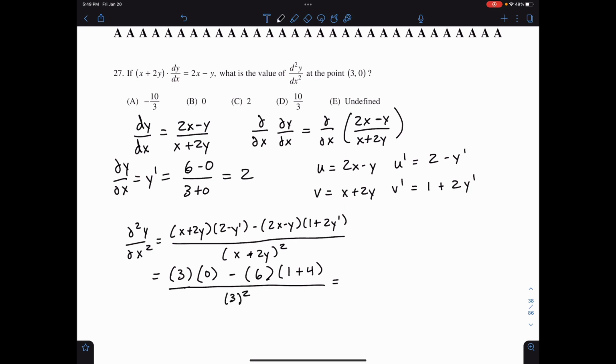So this comes out to be negative 6 times 1 plus 4, which is 5, so negative 30, all over 3 squared, which is 9. And I can reduce this by 3 in the top and bottom, so I got negative 10 over 3. The answer is negative 10 thirds, which is A.